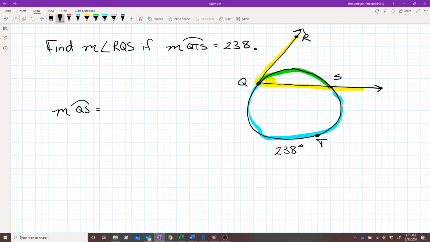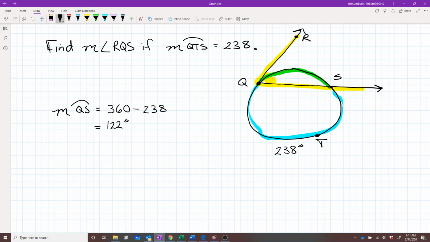So the green arc QS is going to be equal to 360 minus the blue arc, which is 238. So the measure of arc QS is going to be equal to 360 minus 238, which is 122 degrees.